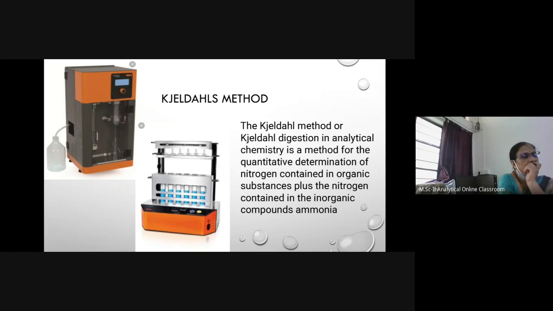Some inorganic compounds do not dissolve or digest easily, so this digester is used, which provides a lot of heat, like 1000 to 1200 degrees Celsius, to digest or decompose that material. After that, we can use it for titration in this machine.